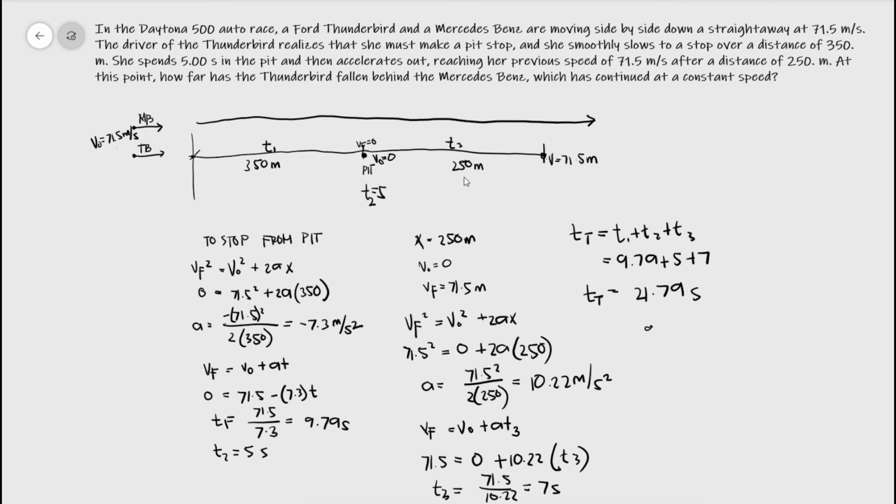Now, get the total distance traveled by the Mercedes-Benz. Let's say the total distance traveled by the Mercedes-Benz at constant velocity, wherein this is x for the Mercedes-Benz, is equal to the velocity times the time. Therefore, x of the Mercedes-Benz, distance traveled after 21.79 seconds, is 71.5 times 21.79.